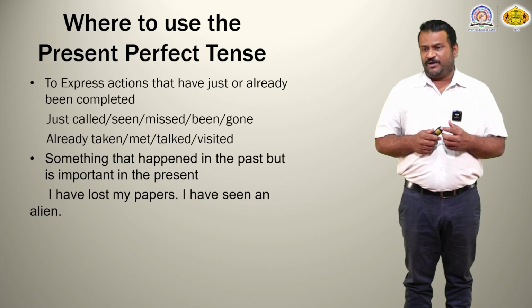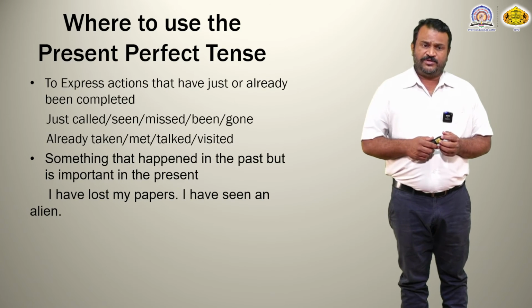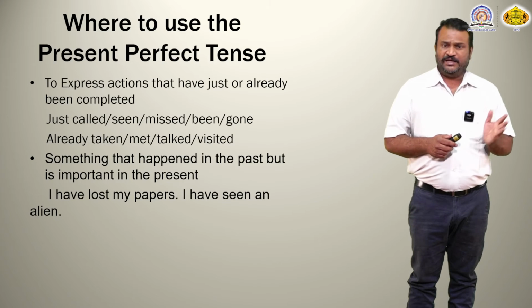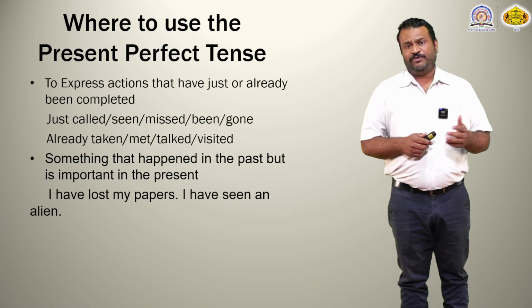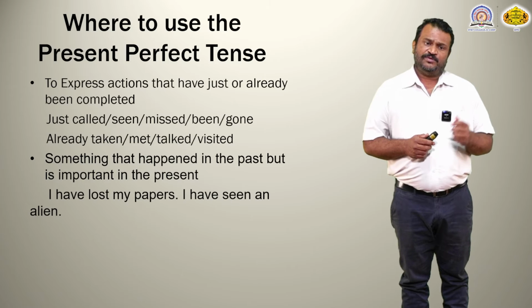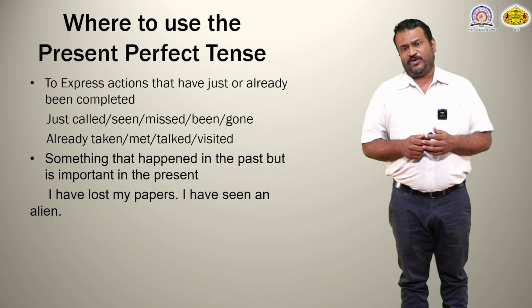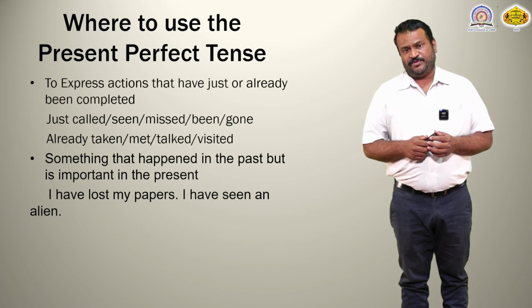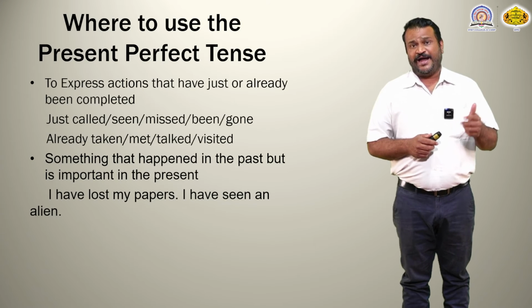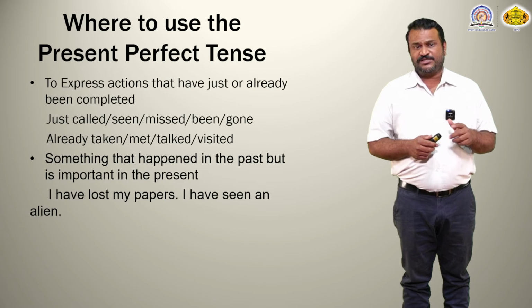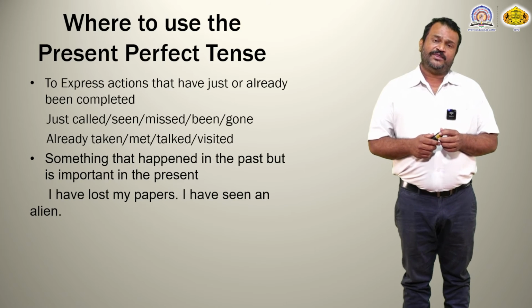For example, your friend comes and tells you to call your friend Kiran. So if you have just called, your response will be that I have just called him or her. Just, I have, plus just, plus V3.